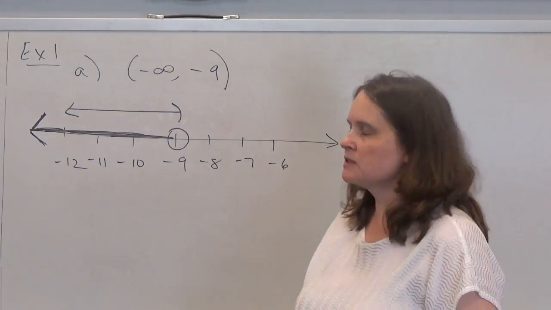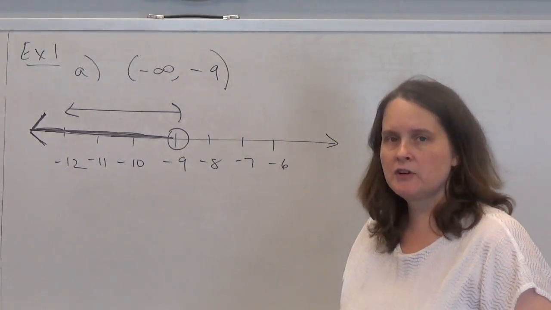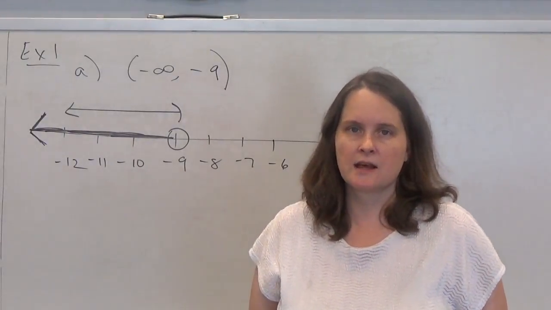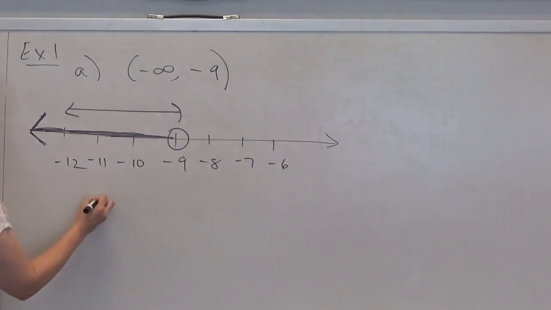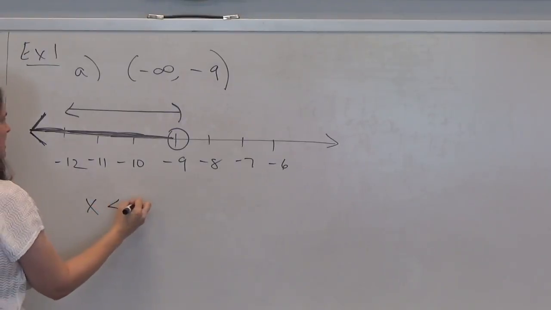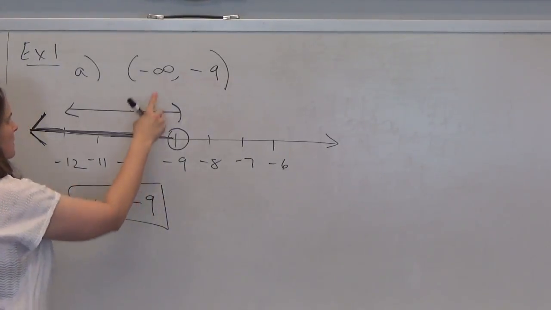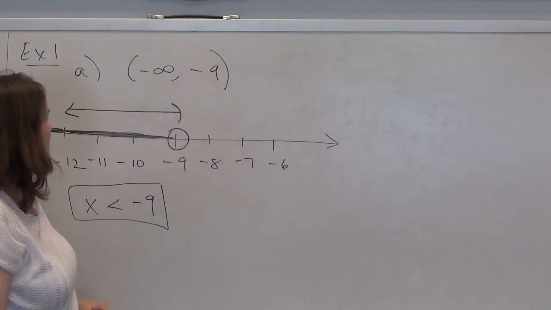So if you think of this in terms of x, how could you describe this? We've shaded everything less than -9, so we need to say that x is less than -9. Because x corresponds with the areas that have been shaded. X is the answer, and the shaded area is our answer. So x is less than -9. So this is the inequality. That means the same as interval notation, -infinity to -9.